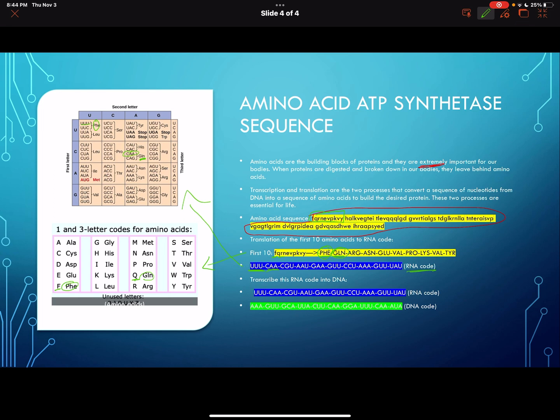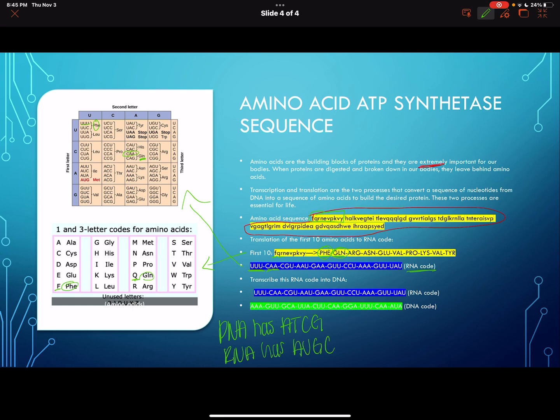Now, since we know how to translate into an RNA code, we're going to learn how to transcribe that RNA code into a DNA code. One of the rules to remember when transcribing RNA codes into DNA is that DNA has ATCG, and RNA has AUGC.